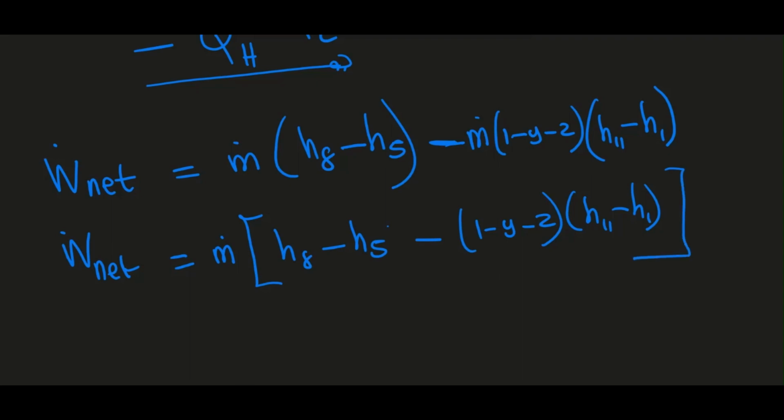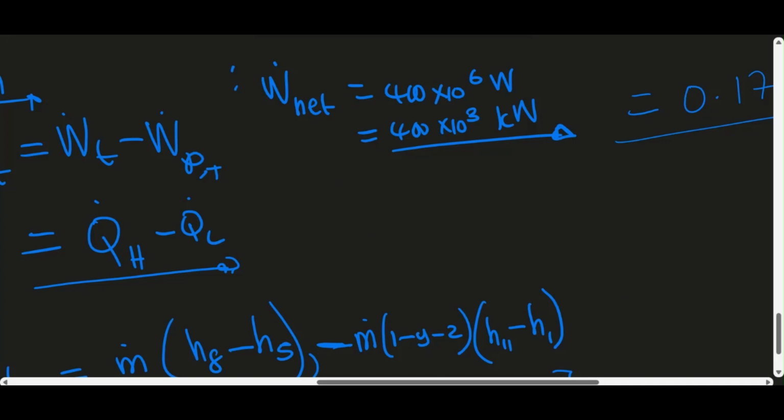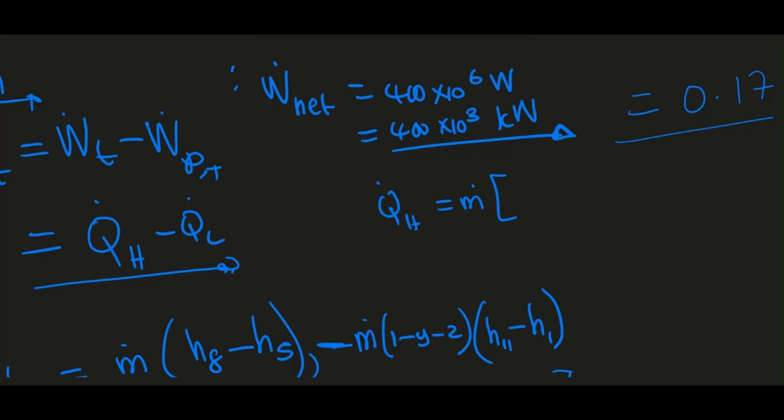Okay, if you like, you can work them out individually. You can start with this is the value for QH. You work it out like this. You can say QH is equal to m dot H8 minus H5. That will be QH.